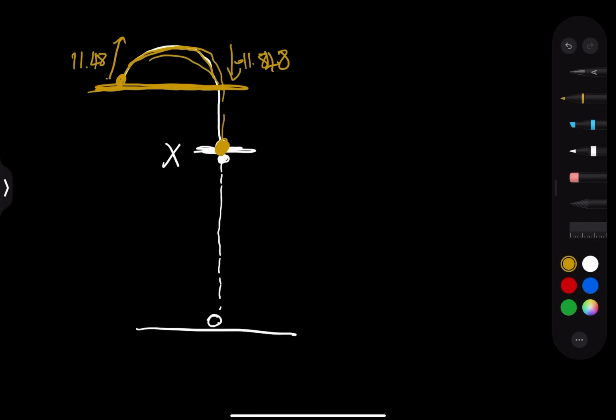So it was displaced up and then downwards. Then it means the total displacement between that point P and that point R, so between P and R, is 0.